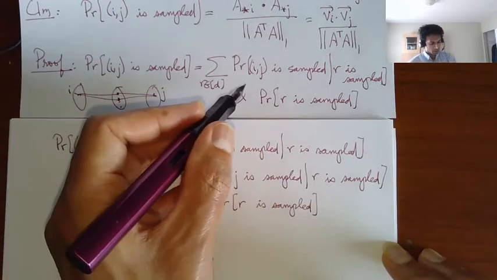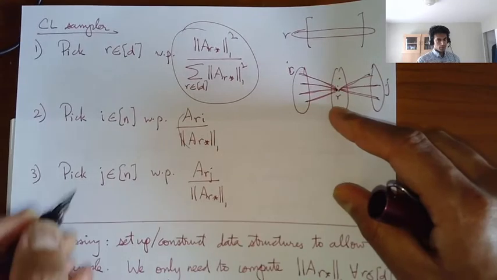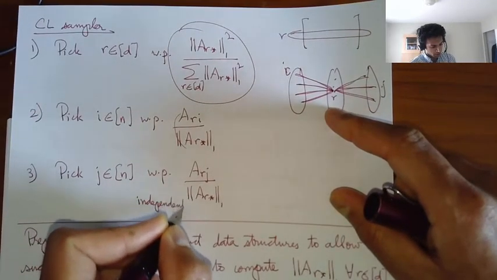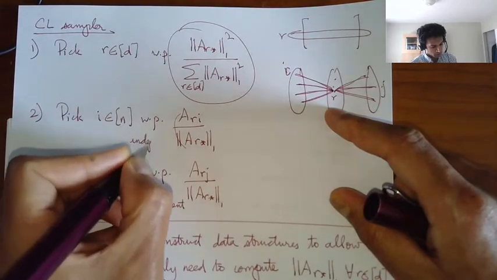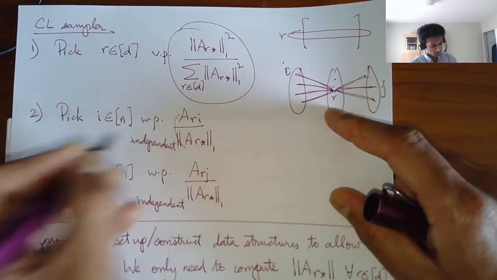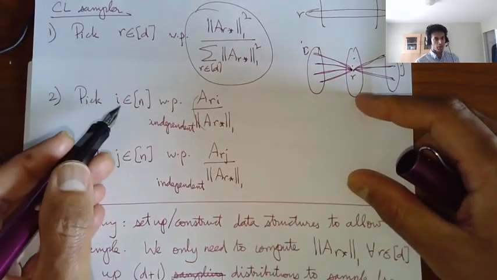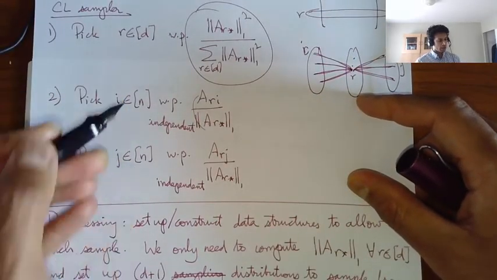And that's because, I should have said, this is all independent randomness. This is all independent sampling. So I fixed r, I picked i independently and j independently. Okay.